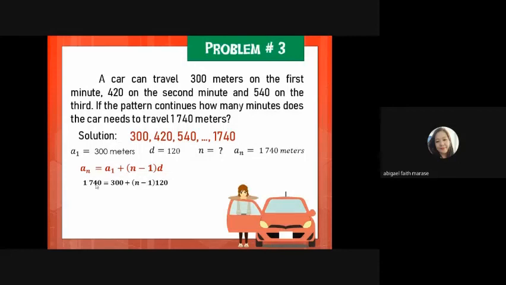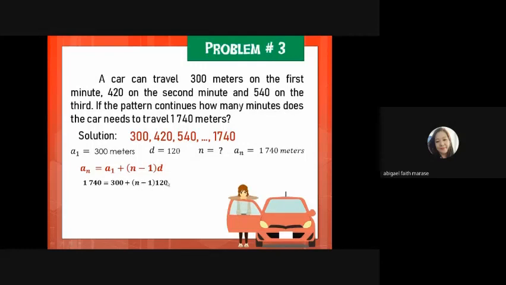So A sub n is 1,740 meters. A sub 1 is 300 meters. N will remain as n kasi yun po yung hinahanap natin. D is substituted by 120.